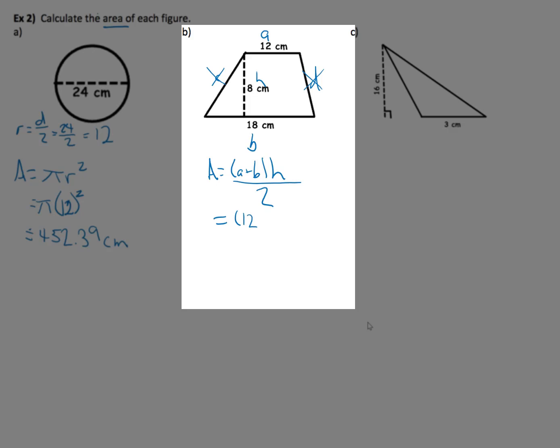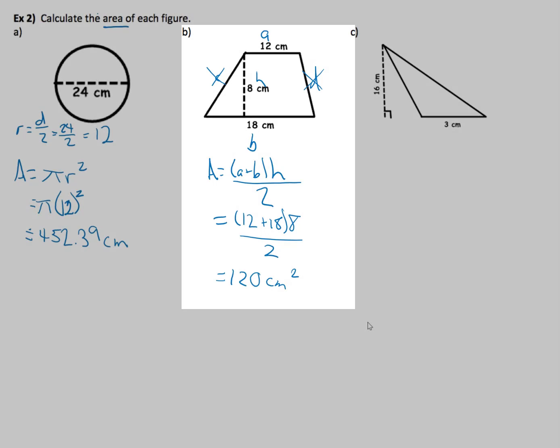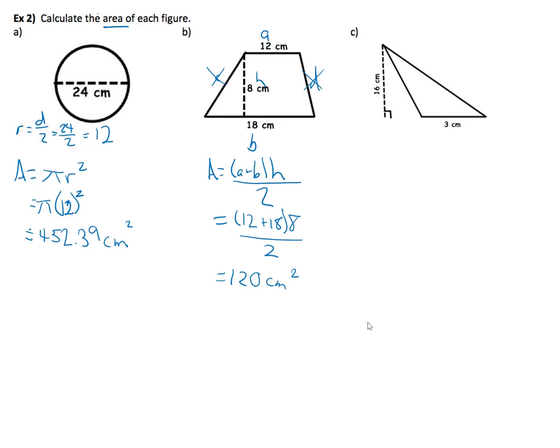So 12 plus 18 times 8 all over 2. So 12 plus 18 is 30. 30 times 8 is 240. 240 divided by 2 is 120 centimeters squared. I forgot my squared. Whenever you're dealing with area, your units are squared because you're covering a 2-dimensional space, not a 1-dimensional space.